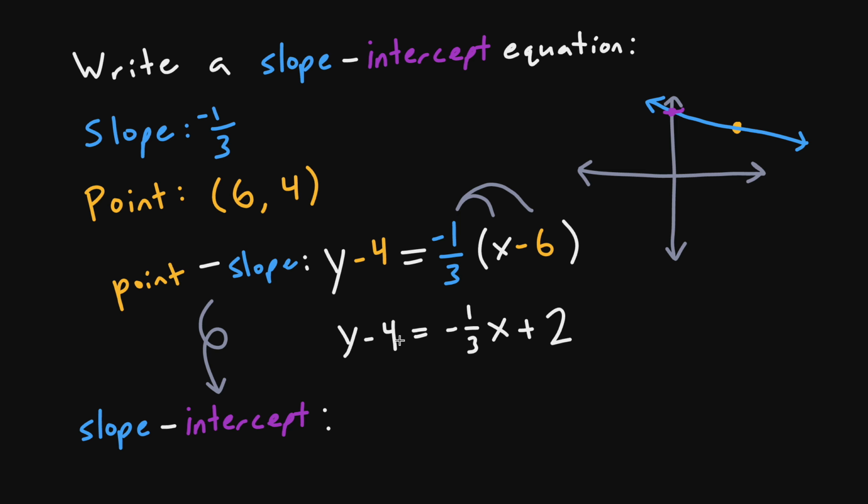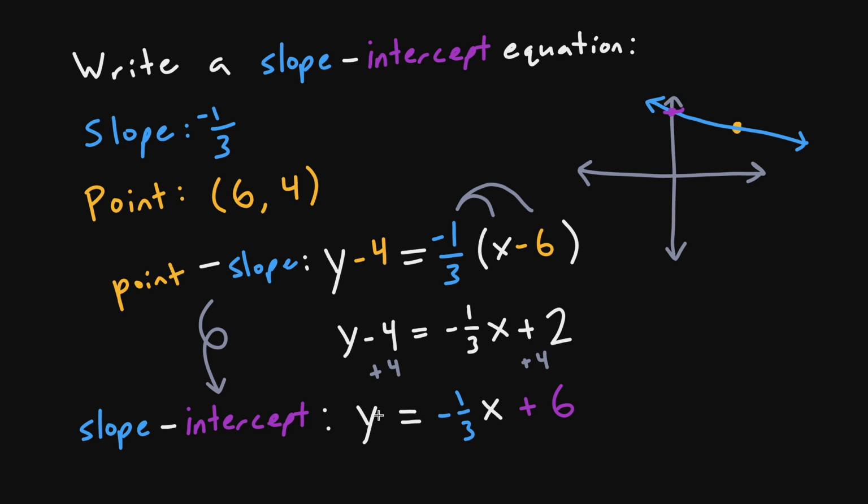The only thing that we still have to deal with is this -4, and we can add 4 to both sides. If you do that, you end up with y equals -1/3 x, which stays the same, and then the 2 plus 4 becomes plus 6.